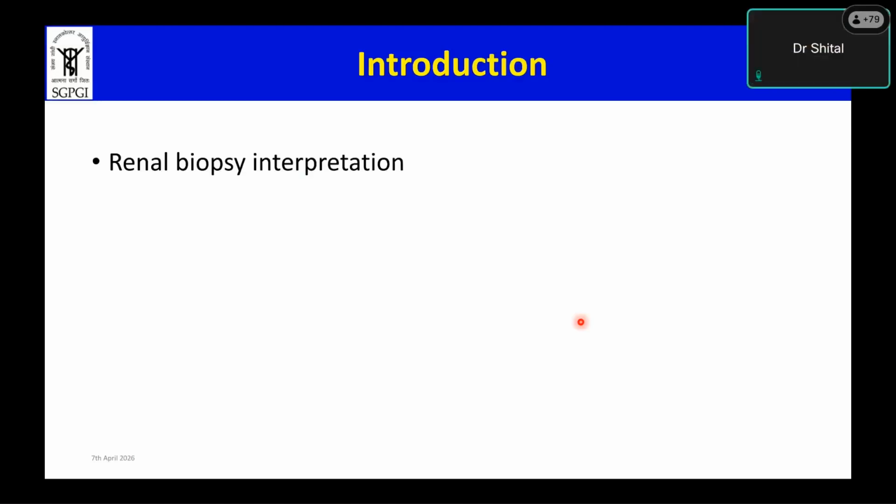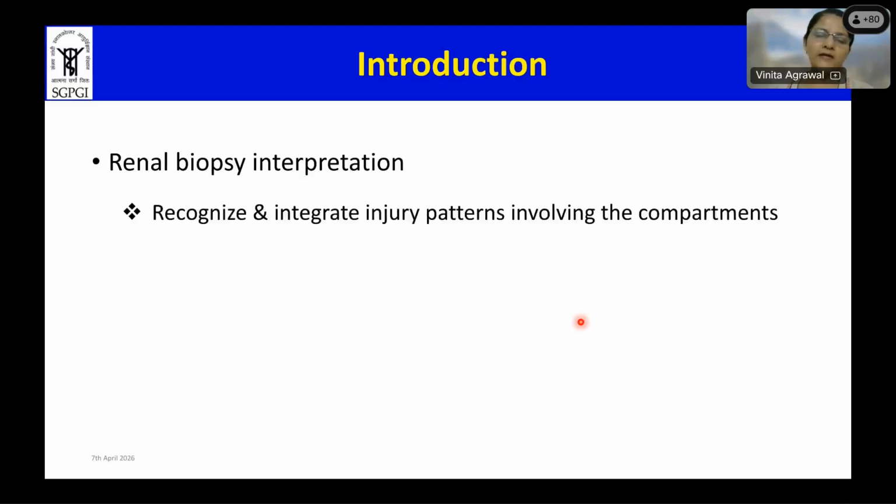When we look at renal biopsy interpretation, it is sometimes really challenging as compared to other medical diseases or other pathology biopsies that we see as pathologists. One, because we have to recognize and integrate the injury patterns involving the various compartments of the kidney.